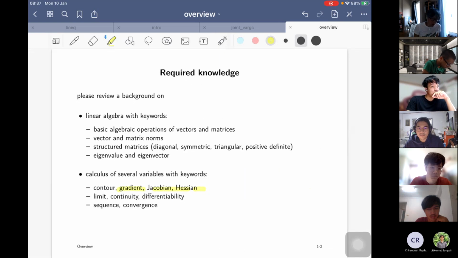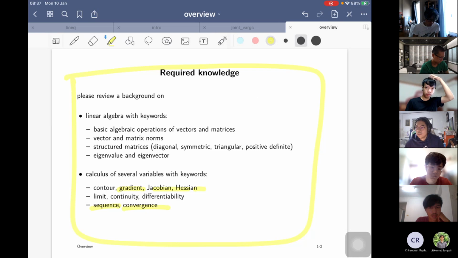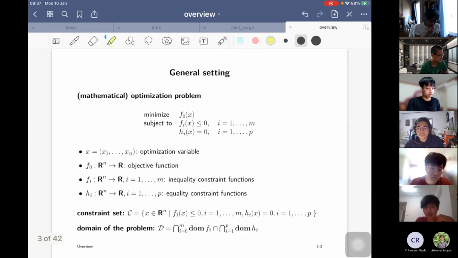All right, when we talk about algorithm convergence, these are the times that you need to understand the concept of sequences and convergence of real numbers. Okay. So I hope that you spend maybe 1 or 2 weeks reviewing this, and I have some video lectures as well, especially in linear algebra, so you can check them out on my website.